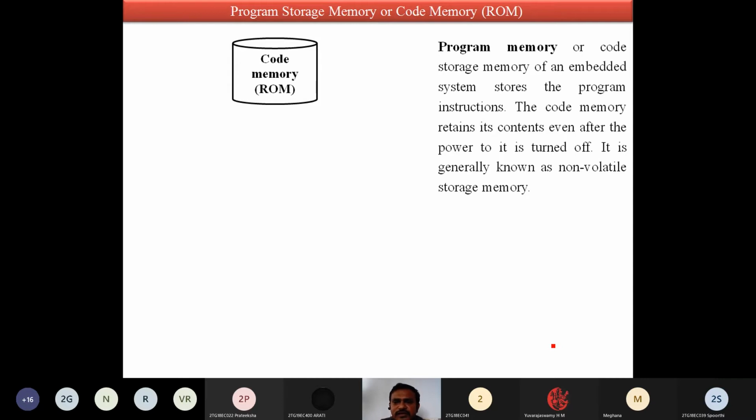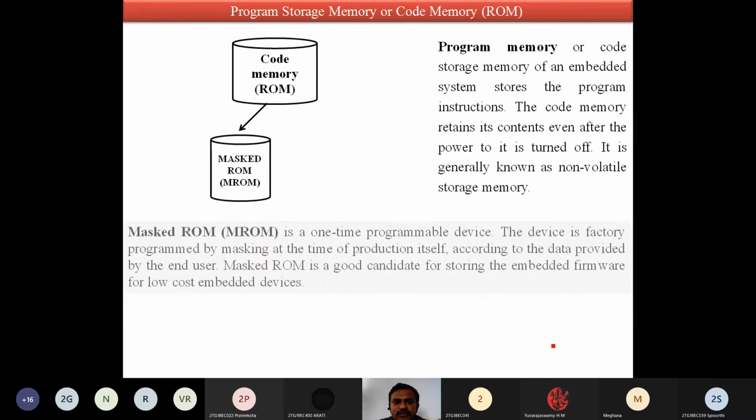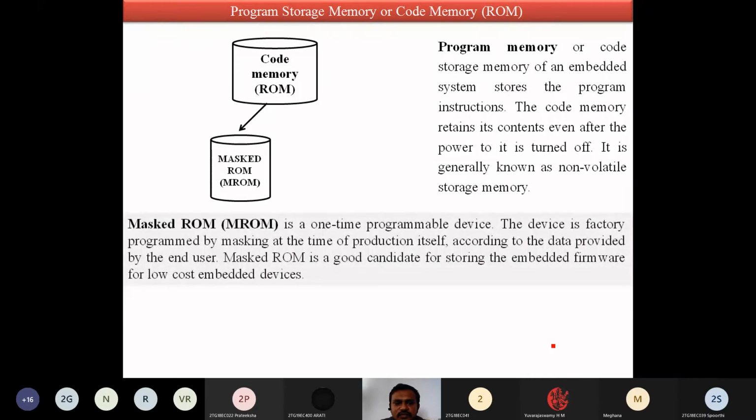So one of the types of ROM is masked ROM or MROM, a one-time programmable device. Once I say it is program memory, it is a permanent storage location that maintains the data as it is, even if the system is in off mode, and it is known as non-volatile.